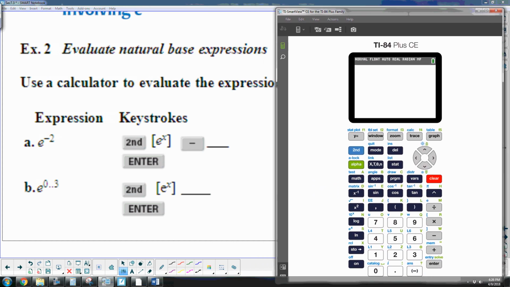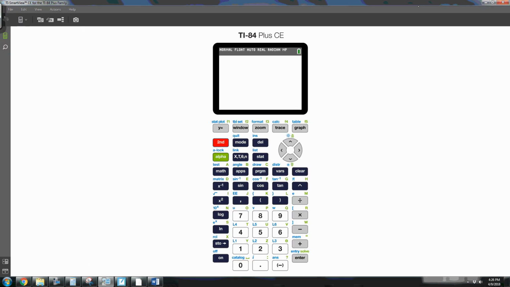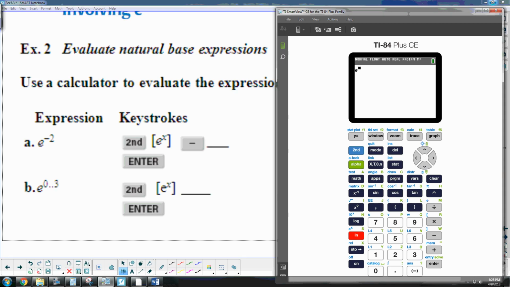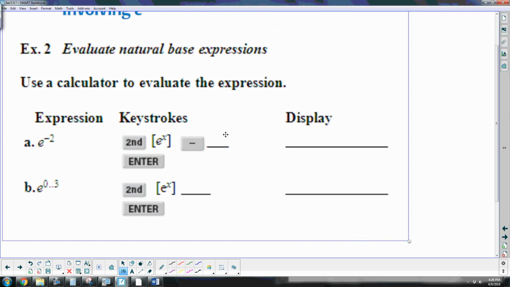So e to the negative 2nd power, you'll find that if you hit the second key, and then you actually have an e to the x power. And then you'll enter -2 and hit enter. And that's approximately equal to 0.135.